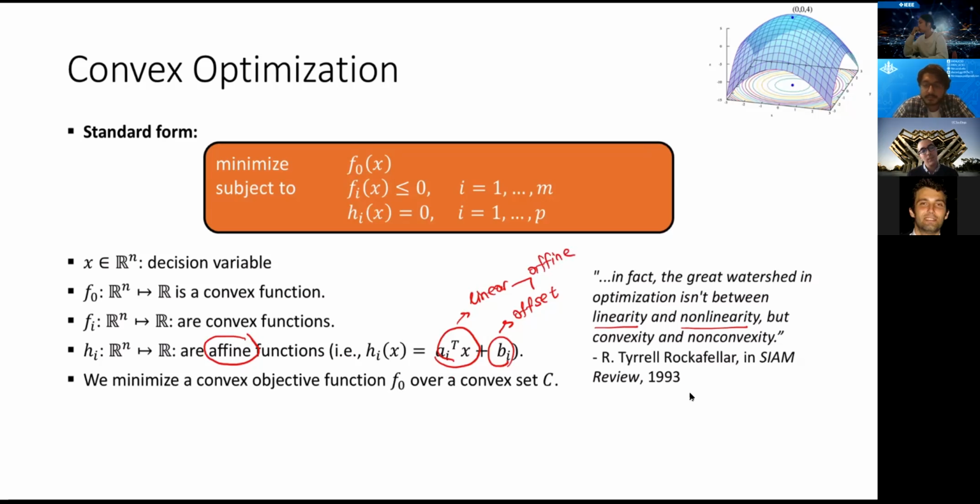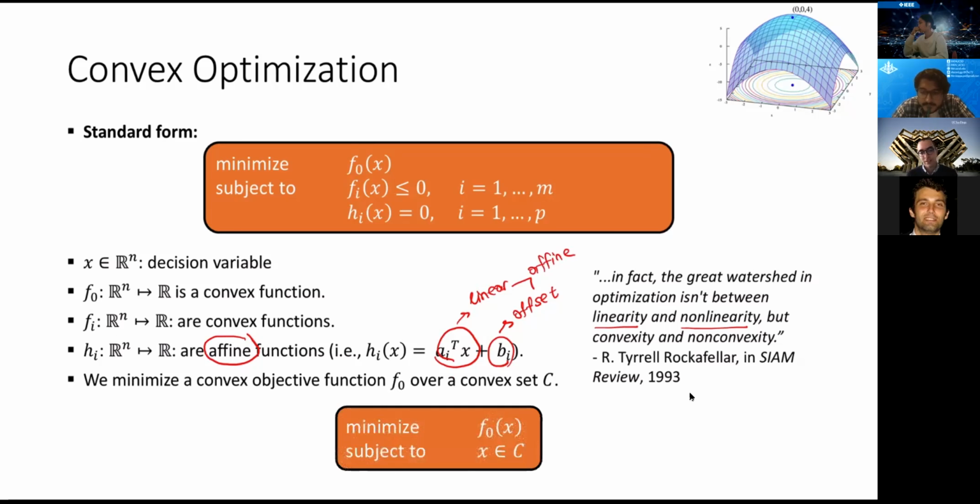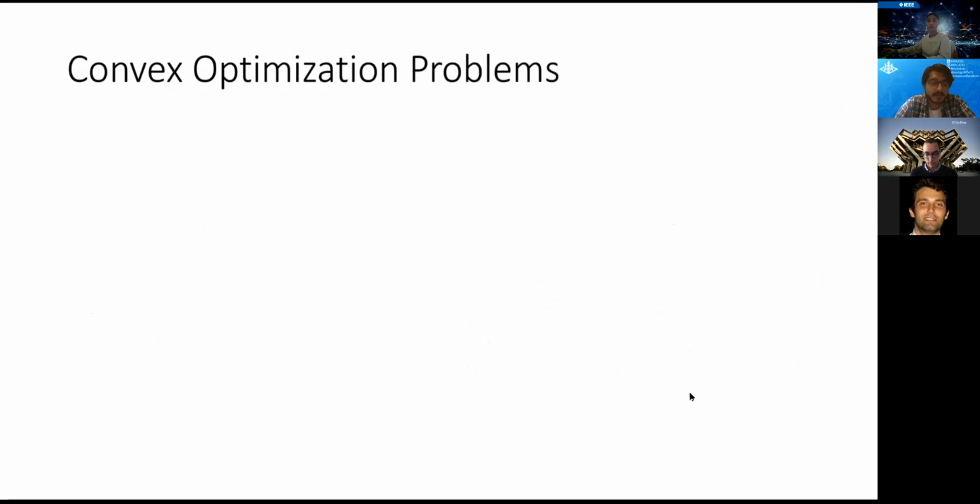So we basically minimize the convex objective function f0 over a convex set C. So in order to write this, we write this as follows. So we minimize again f0x, subject to x is coming from a convex set C. So this is the simplest formulation you can come across when you're looking for convex optimization, okay?